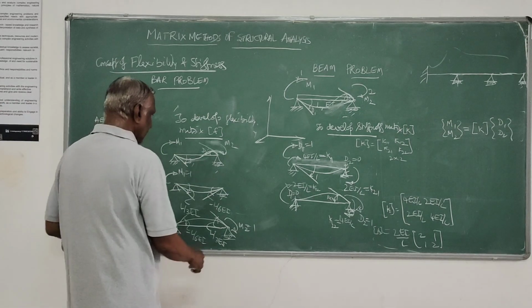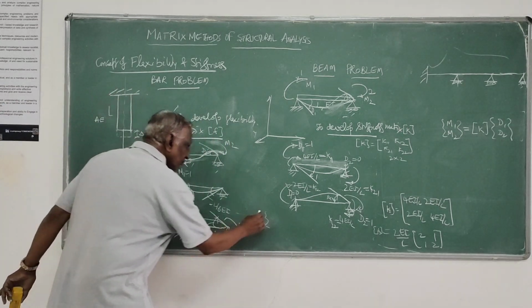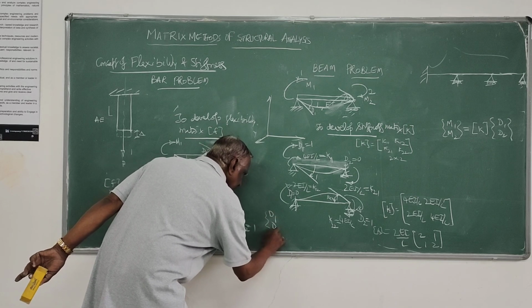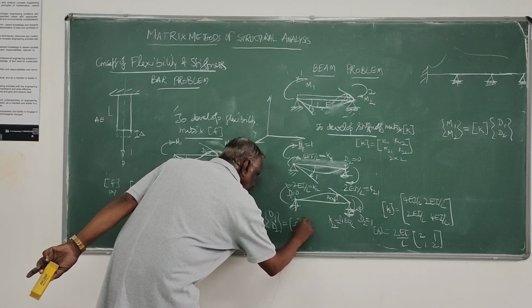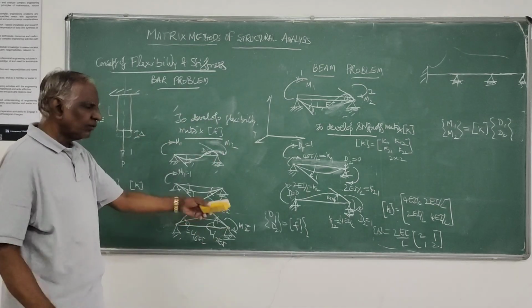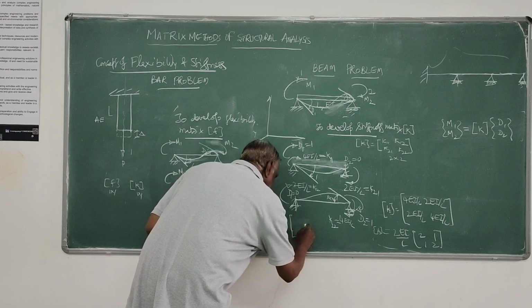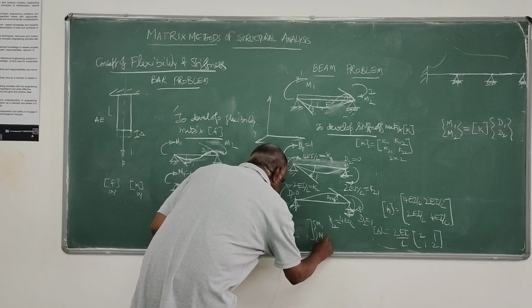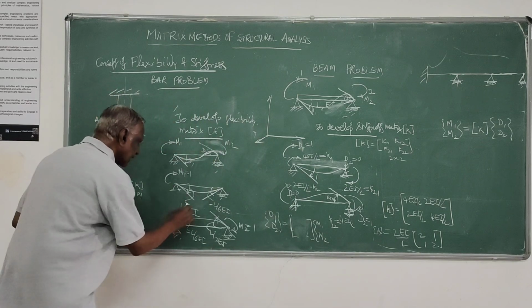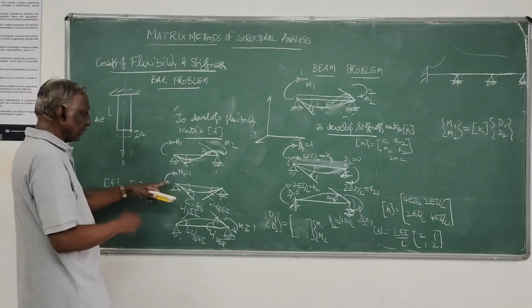So therefore, now you can relate this displacement with the force. D1, D2, you can relate with the force through the flexibility matrix. This flexibility matrix, with M1, M2, this is nothing but your F11, using the same type of notation.